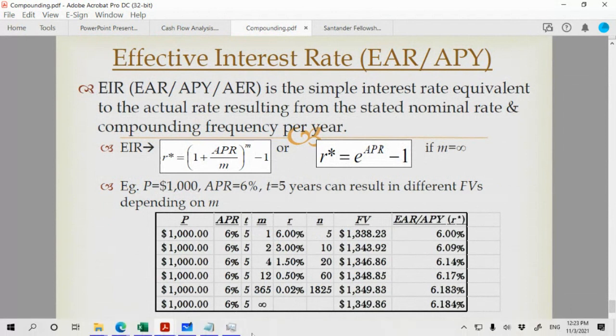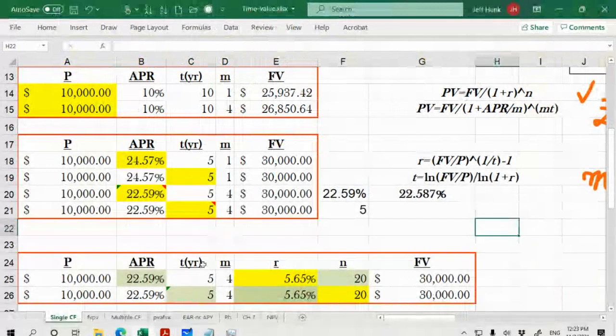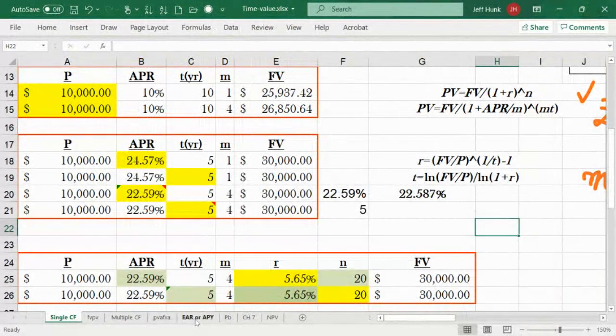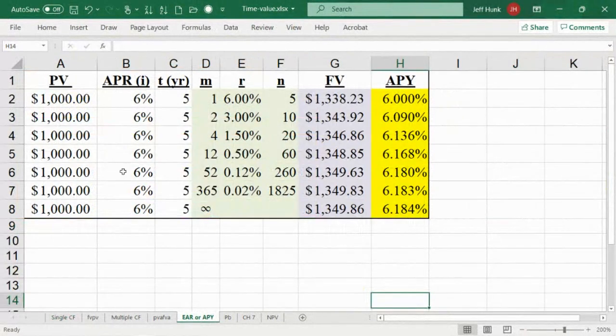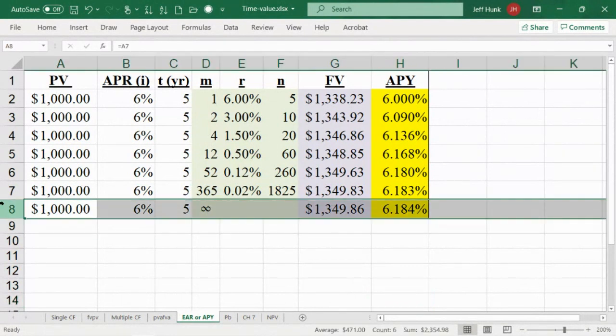So now, let me use this file. Suppose this is $1,000 and the future value with the APR of 6%, 5 years, under different compounding frequencies, right? And let me just extend it.